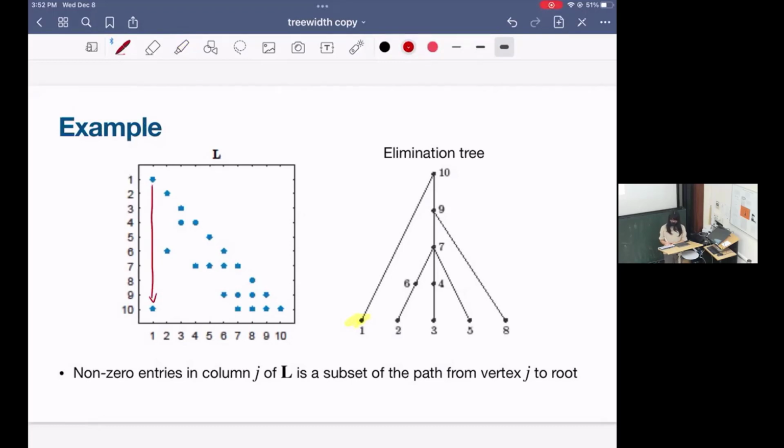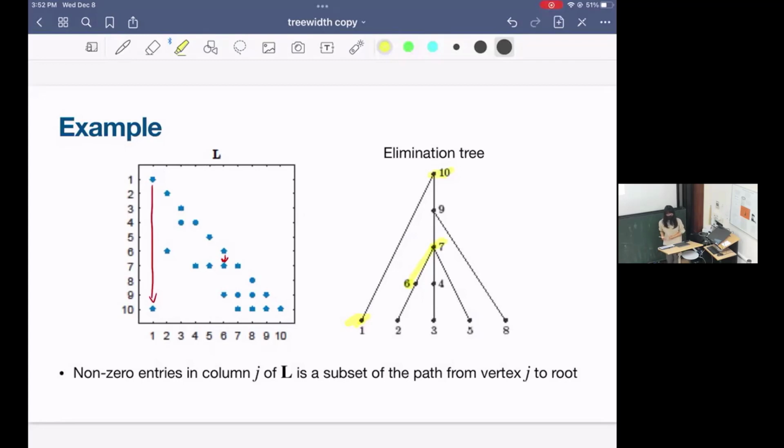Here, this is non-zero only in entry 10, so its parent is going to be 10. For example, vertex 6 has a non-zero entry in column 6 already in row 7, so the parent of vertex 6 is vertex 7. So you get 6 to 7.